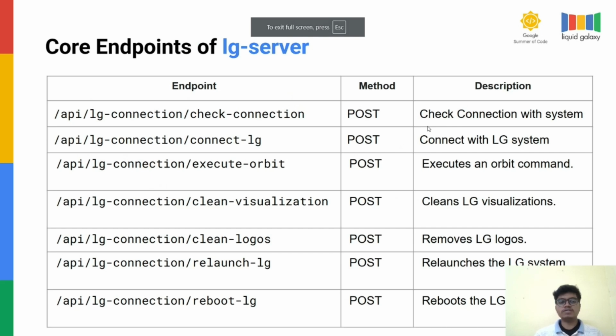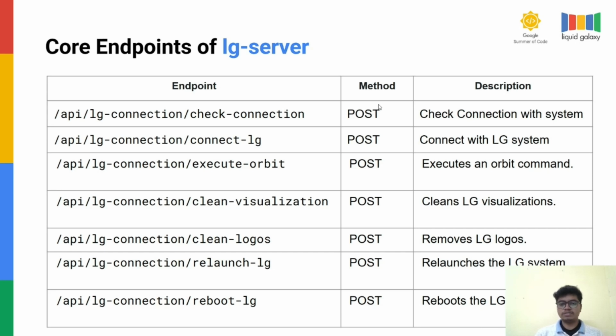LG Server provides many API endpoints. There are check connection and connect LG. This is the basic structure of the API, the basic URL of the API: /api/lg-connection/check-connection.